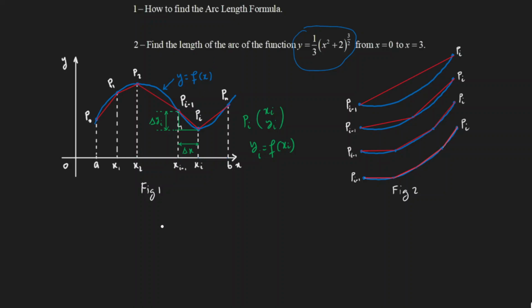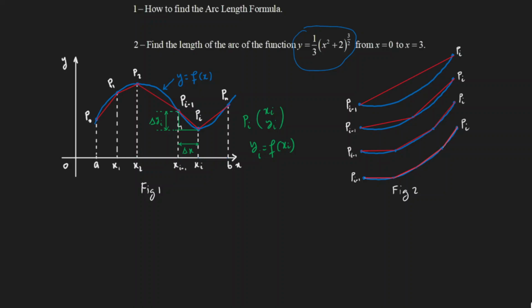So in figure 1, we can see that we have a curve C in blue, defined by the equation y equal to f of x. And we can see that f is continuous in the interval AB.